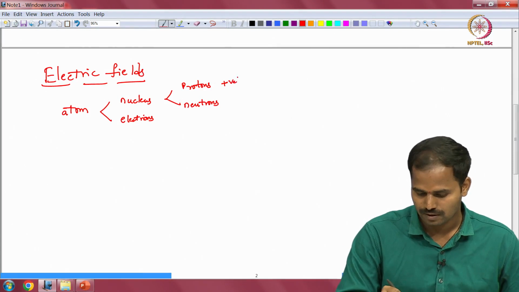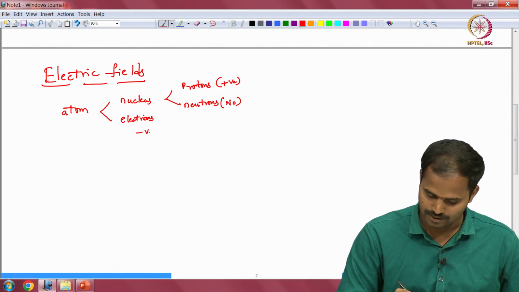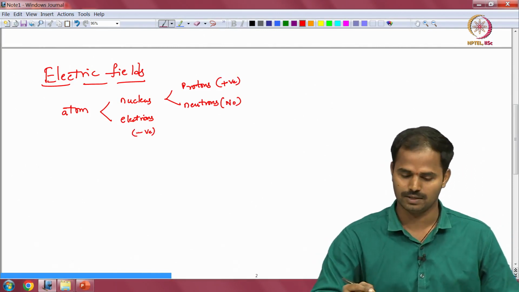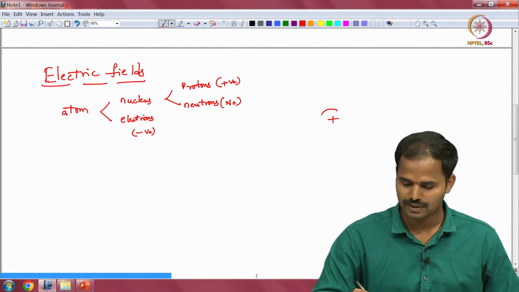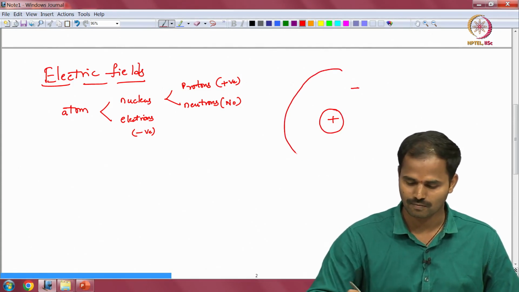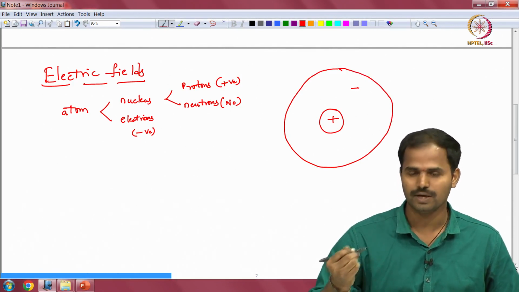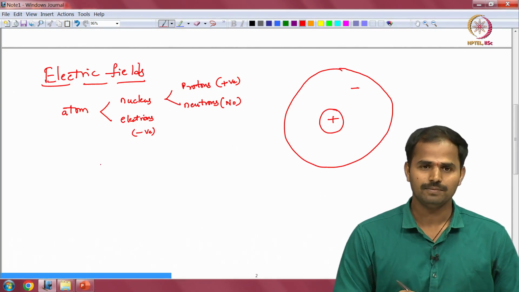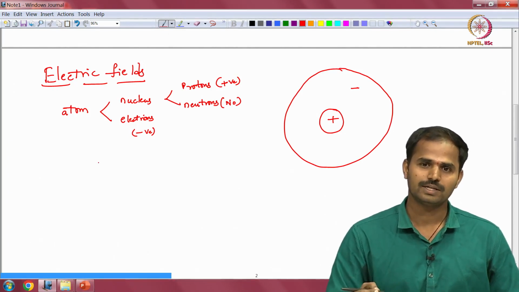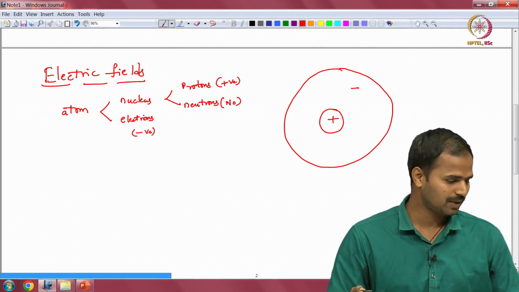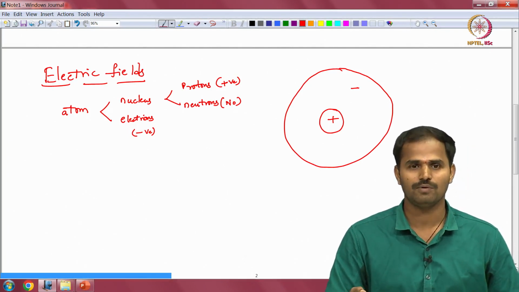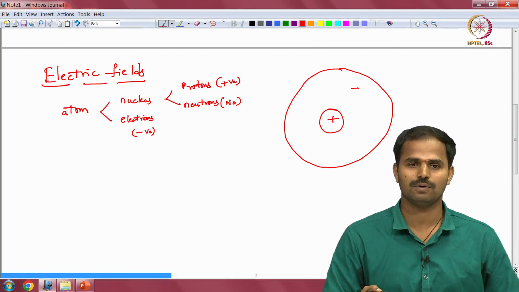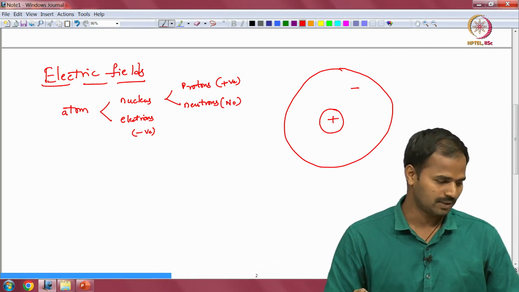Protons have positive charge, neutrons have no charge, and electrons have negative charge. This is the structure of an atom: the nucleus surrounded by electrons. In an ideal atom, the positive and negative charges are equal, or the number of electrons equals the number of protons.